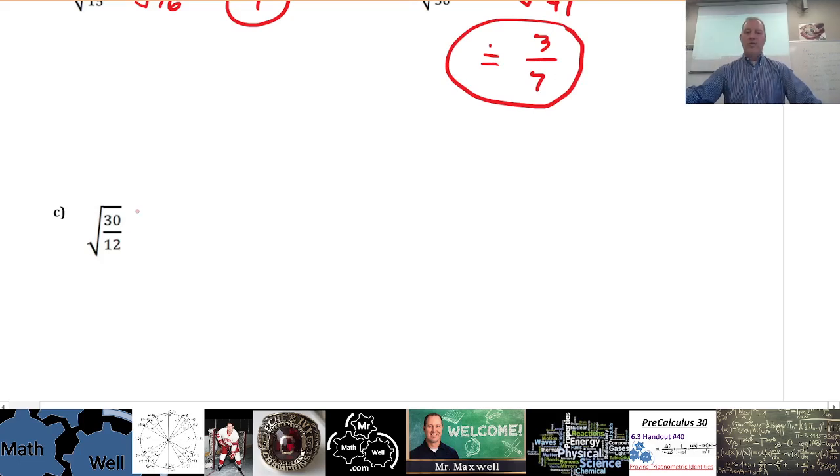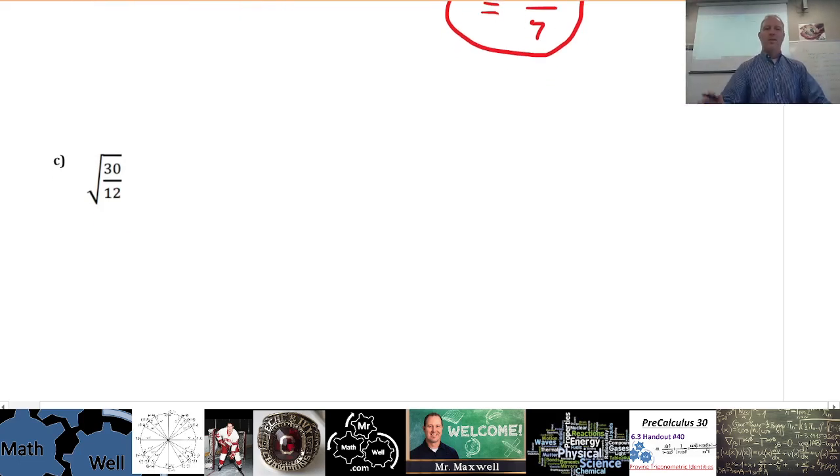So for root 30 over 12, we have to go up to 36 and down to 9 for this one, right? Or we could go up to 36 and up to 16, I suppose. So that would be a good guess. So how could we use actual benchmarks though? Well, what's a square root that's just under 30 and just under 12? 25.